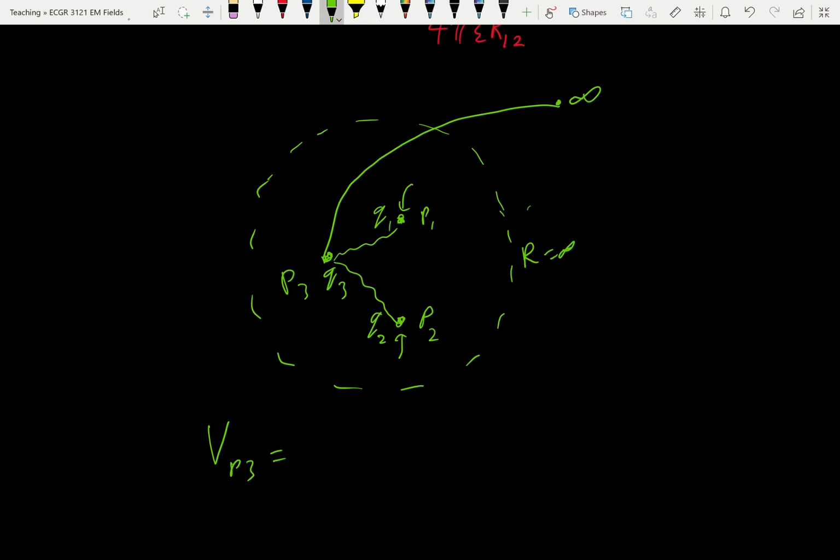So the voltage at P3 should be Q1 over 4 pi epsilon R13, the distance between point 1 and point 3, plus Q2 over 4 pi epsilon R23, the distance between point 2 and point 3.